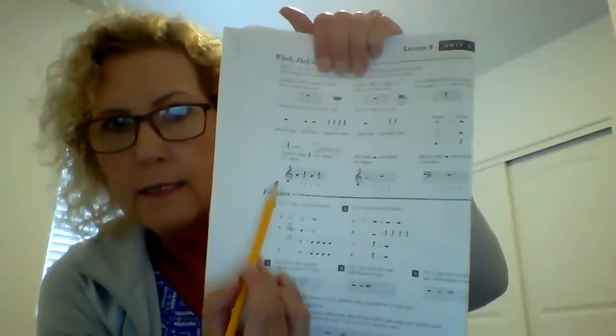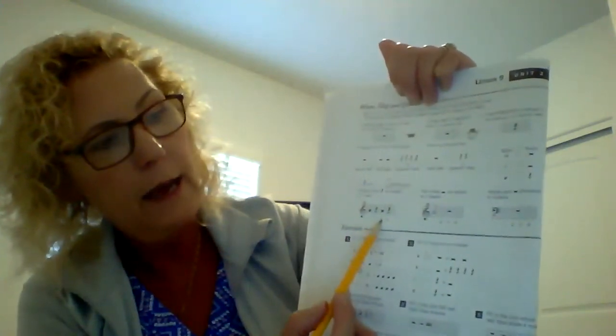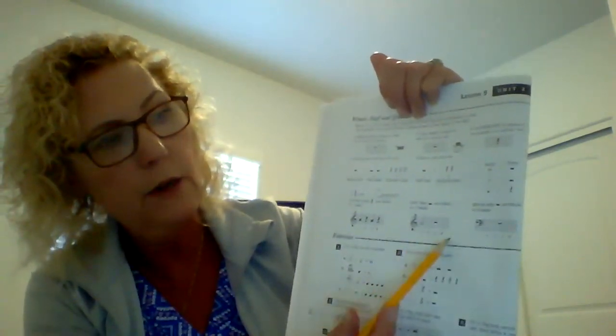Okay. Then it says, write the beats under the notes. Remember, I'm counting to 4, so I'm writing 1, 2, 3, 4. I'm just writing in my beats right underneath, just like they did back on this page. Go back to lesson 8 or 9 and look at how they counted underneath. That's what you're doing.